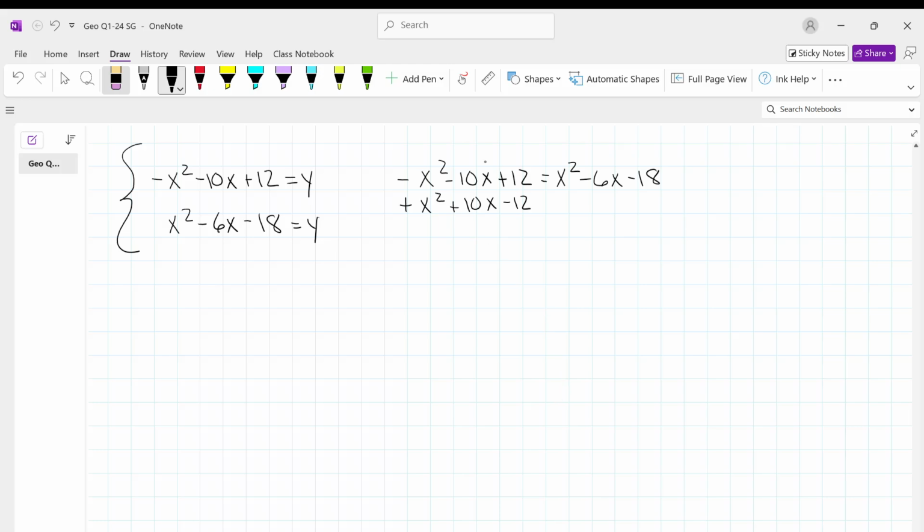And since I did it to the left side, I'm gonna do it to the right side. So add x squared, add 10x, and subtract 12. So on the left side, everything zeroes out, and we get 2x squared plus 4x minus 30.